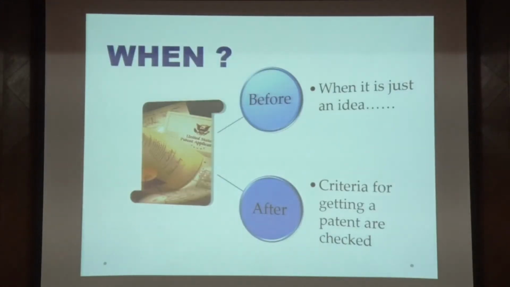So when can I go for this search? Many people ask us what is the right time for the search. There is no right time as such. You can search before the proper work is done, or after the work is complete. The aim of doing it is different. For the first case, suppose you are thinking which way you should go, and you don't know.